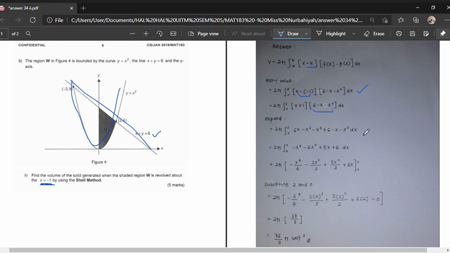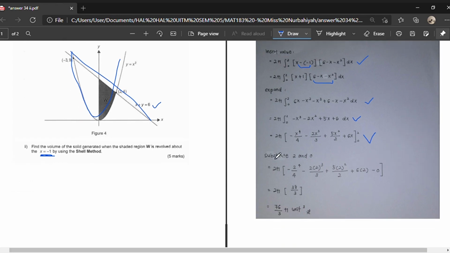After we expand, we got this, and after we cancel it out, we get like this, and after that we need to do the integration. After we've done this part, we need to substitute the limits 0 and 2 into x from this part.